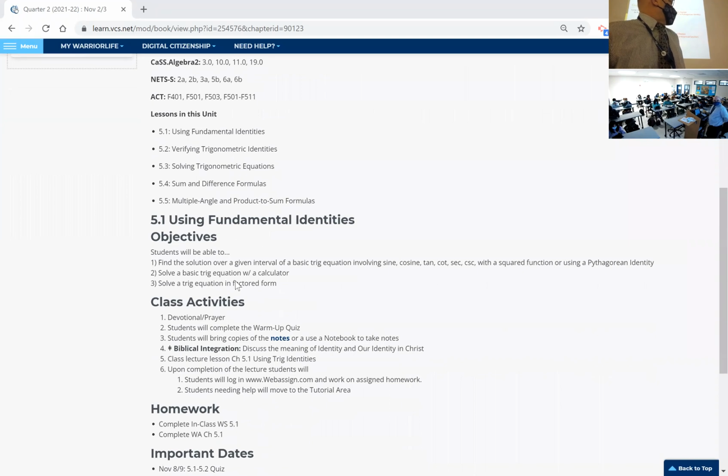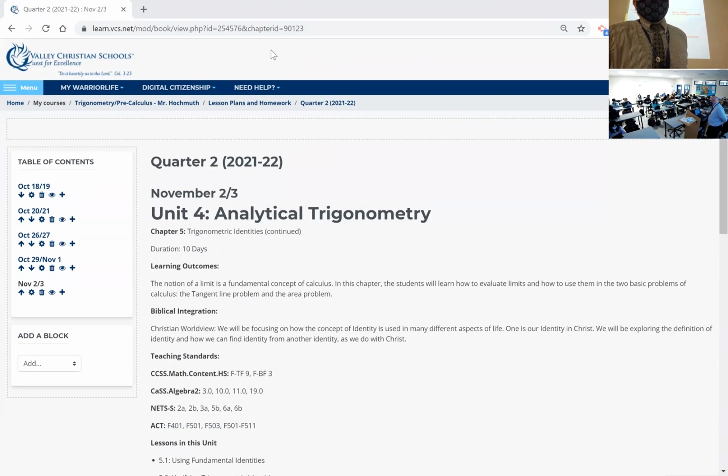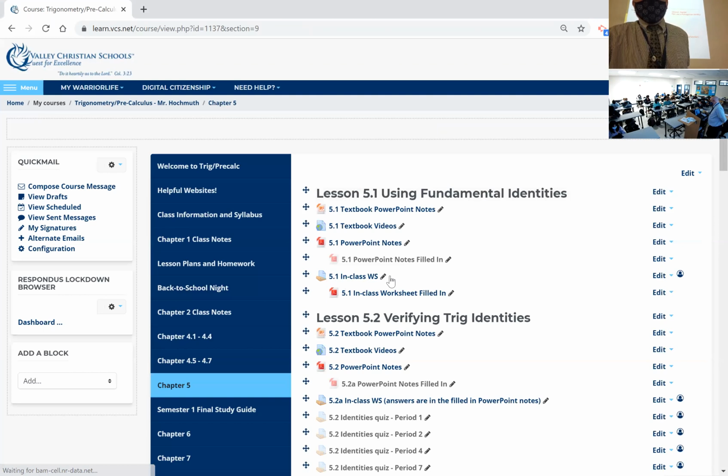We've got the Moodle page here, and then I'm going to go to the chapter 5 tab. And under chapter 5 tab, you will find the in-class worksheet, and you'll also find the in-class worksheet answer key.